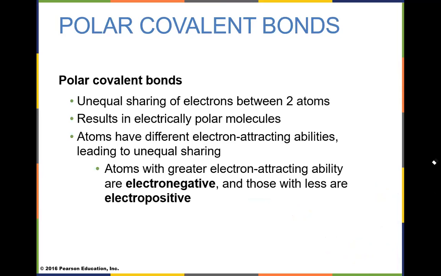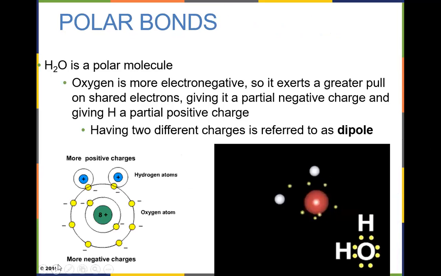But what really happens is that we get an unequal distribution of the electrons. We don't lose the electrons out of the valence shell of the hydrogens, but these electrons are drawn down closer to the nucleus.